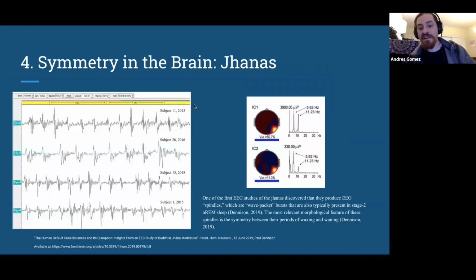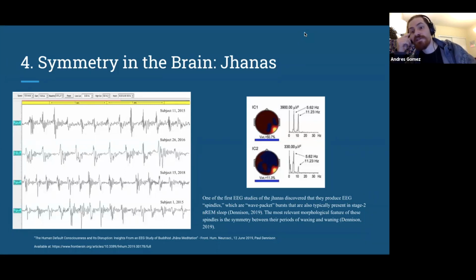A fascinating study from 2019, which I recommend seeing, was really stunning to me in how clear the connection with the symmetry theory of valence was. It was a study of first and second Jhanas, and the interesting patterns that emerge in them. One of them is seizure-like activity. Seizure-like activity is usually in the 3 to 5 hertz range, and it doesn't have harmonic structure.